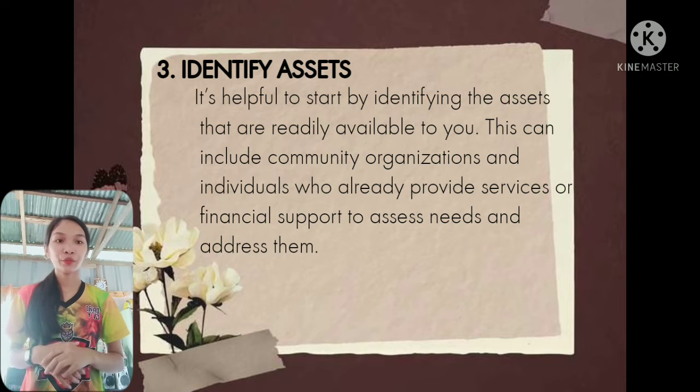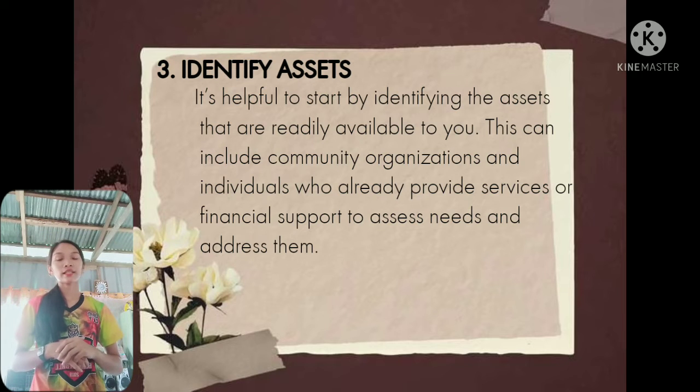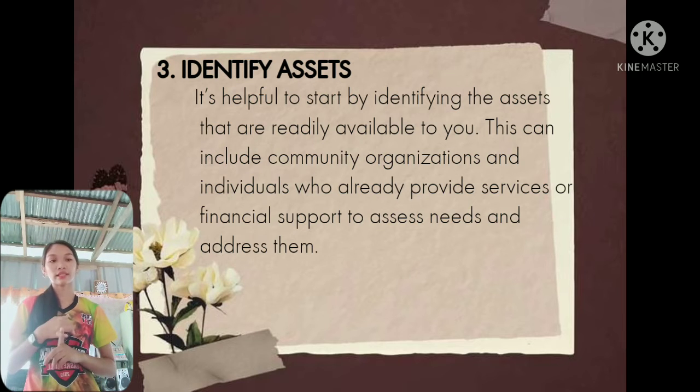This can include community organizations and individuals who already provide services or financial support to assess needs and address them, especially the SK officials in the community. They already provide help, since they receive money from the government.